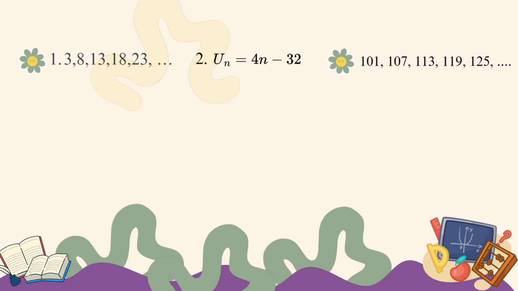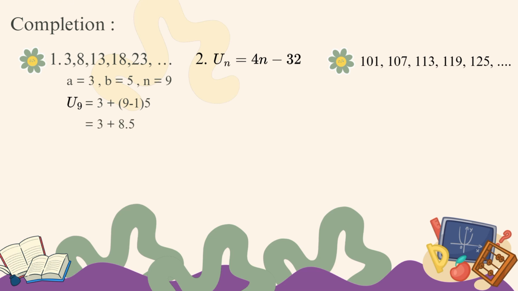The completion for number 1. The number sequence with a is 3, b is 5, and n is 9. U sub 9 equals 3 plus (9 minus 1) times 5 equals 3 plus 8 times 5 equals 3 plus 40. U sub 9 equals 43.